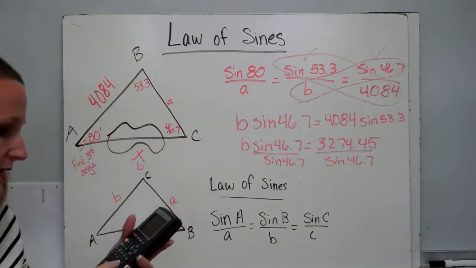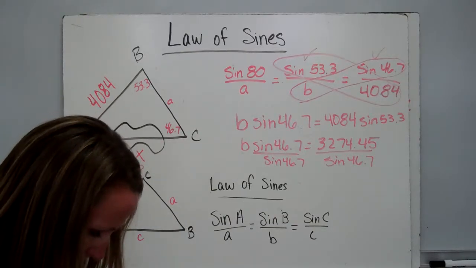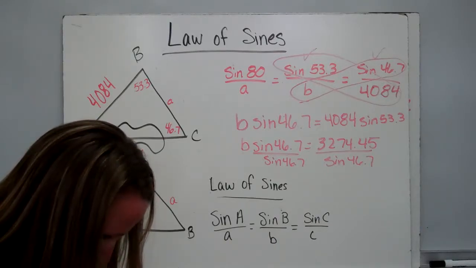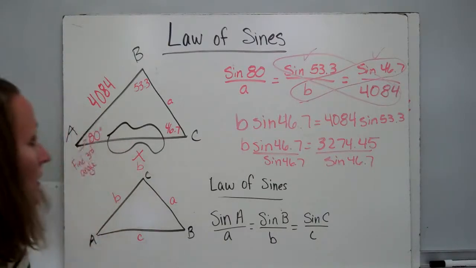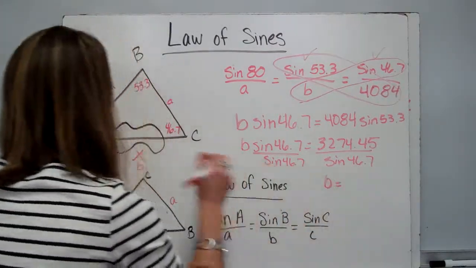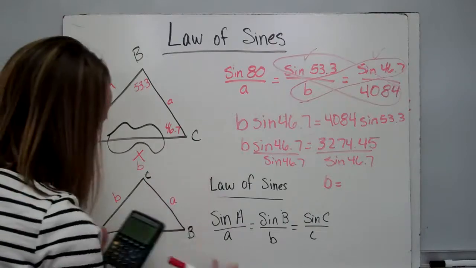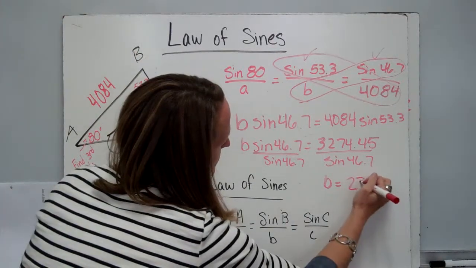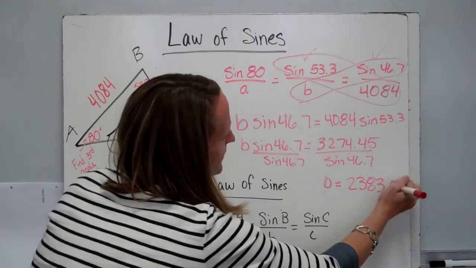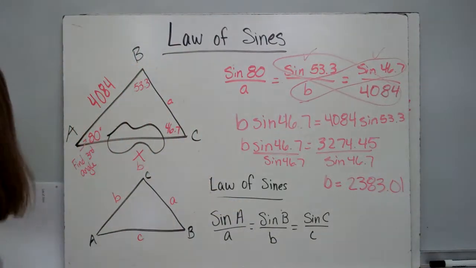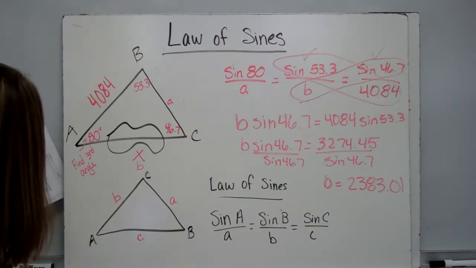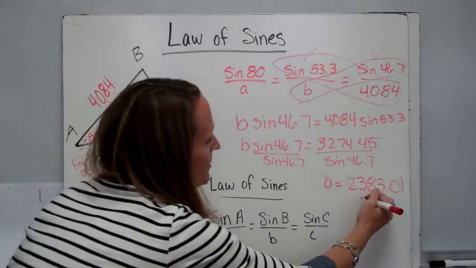If I take that and divide it, side B, or this distance between A and C, where the lake is, is 2383.01. And I assume we're working in feet. No, meters.